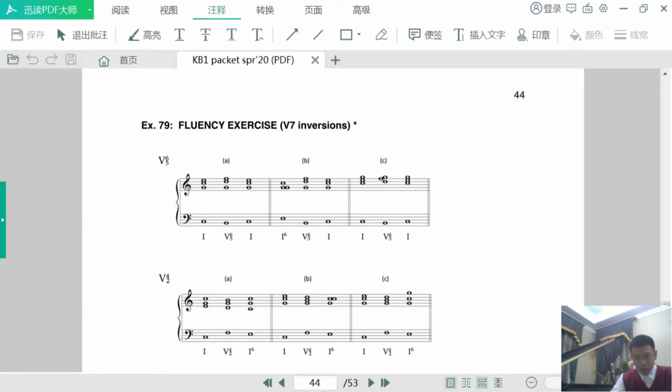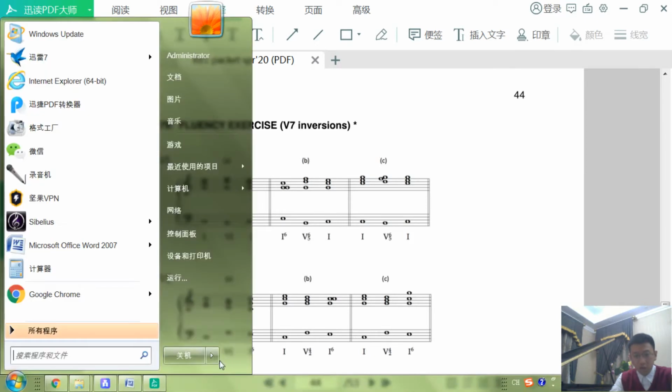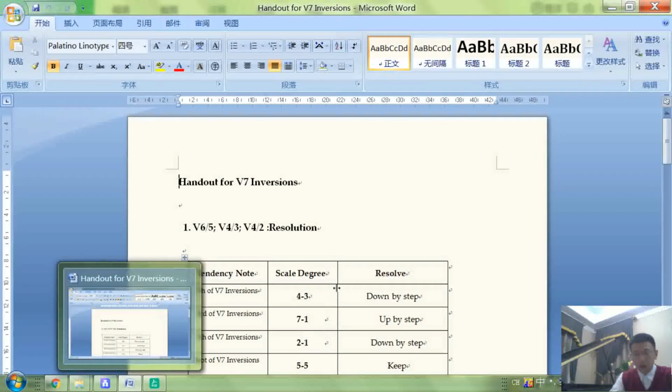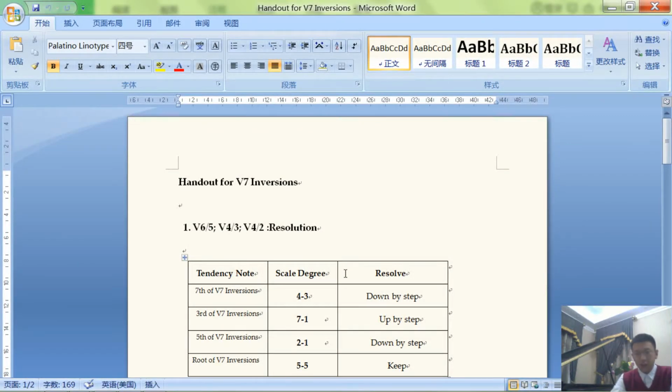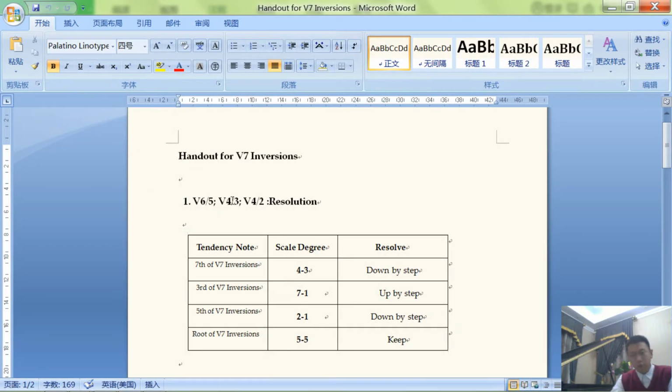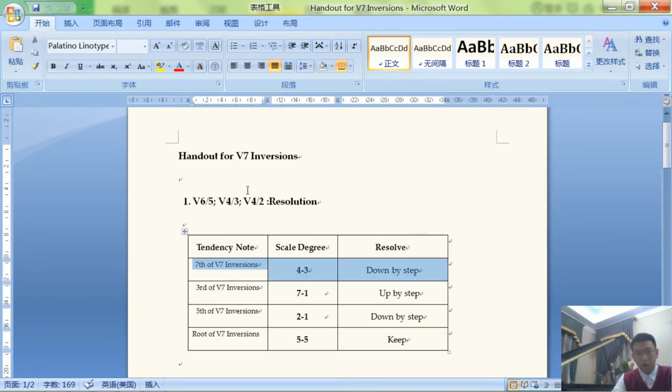Before we begin this progression, let's review how to resolve the V7 chord. The good news is that to resolve V6/5, V4/3, and V4/2, the rule is exactly the same as the V7 root position. The 4 tendency notes: the 7th of the V7 going down by a step.